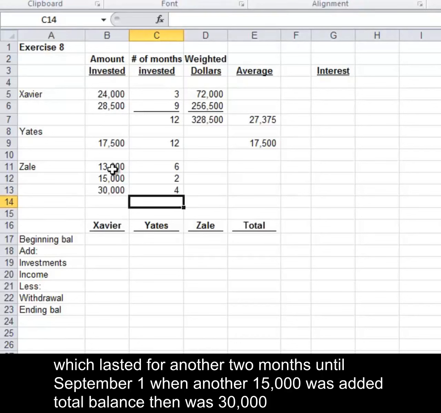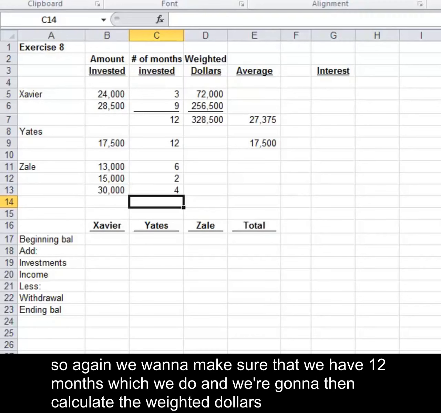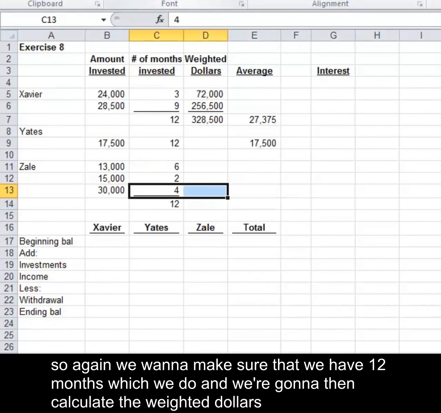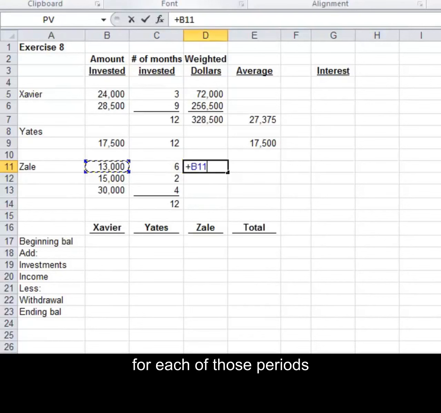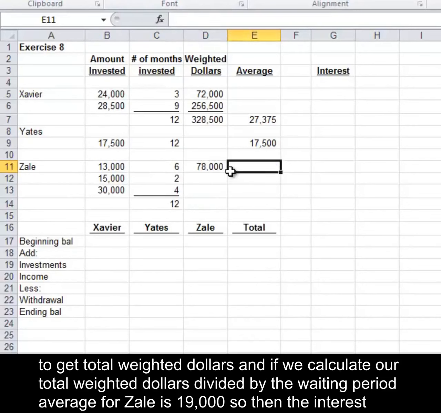Total balance then was 30,000. So again, we want to make sure that we have 12 months, which we do, and we're going to then calculate the weighted dollars for each of those periods to get total weighted dollars. And if we calculate our total weighted dollars divided by the weighting period, the average for Zale is 19,000.